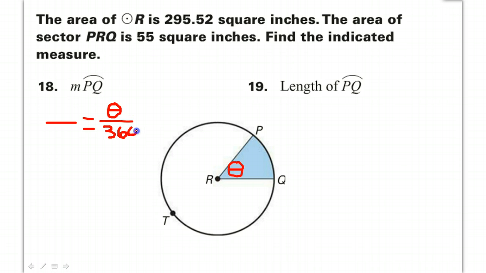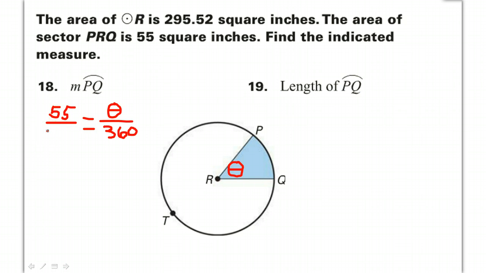Now, this is only going to work out if I know everything else. On this side, I'm doing partial area over the whole area. Do I know the partial area, the area of the sector? I do. If I read these sentences, somewhere in there it talks about the area of the sector. It's 55. Do we know the whole area?